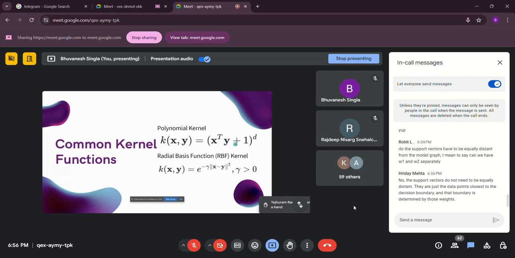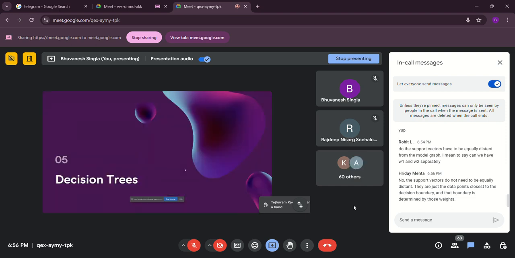This would do it directly for us, and this d or this gamma over here are hyperparameters which you can tune using your validation set. And yeah, this is mostly for SVMs. And now decision trees, Akash will continue.